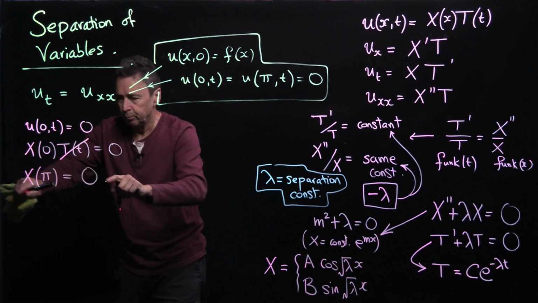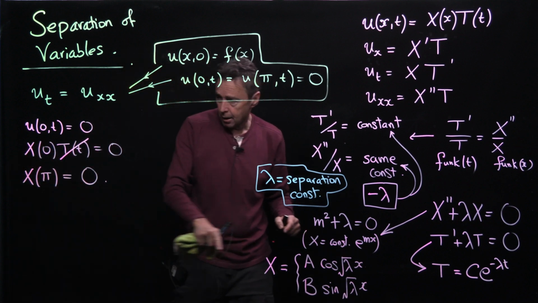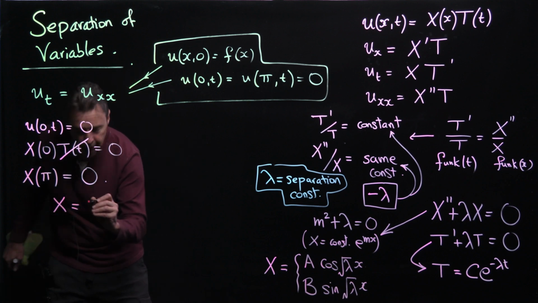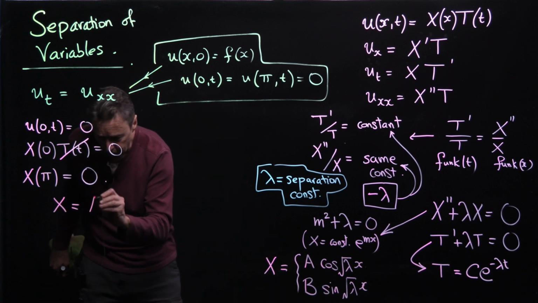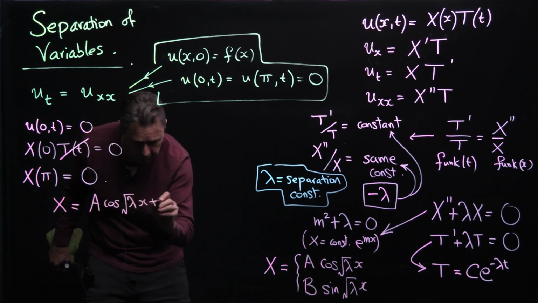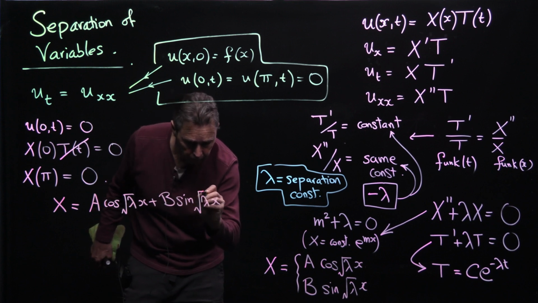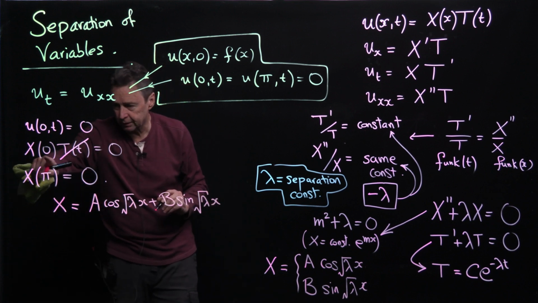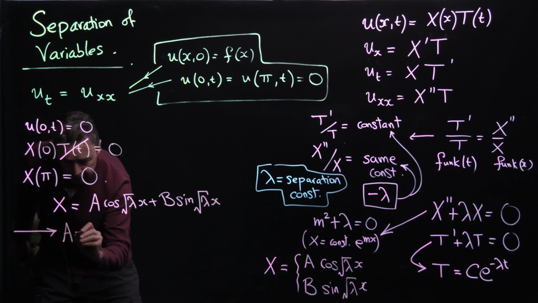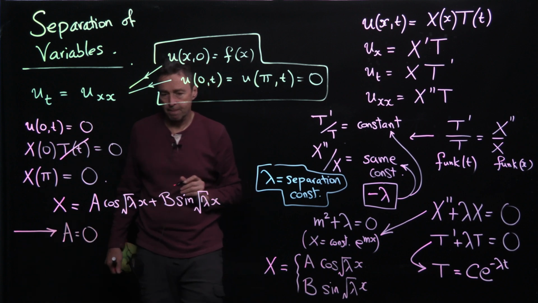Right, so those boundary conditions on U translate to boundary conditions on big X. And my solution down there, I could easily write a combo of them, so I would be tempted to write a slightly more general solution, like so. But putting 0 in here would tell me that A has to vanish. Right, sine of 0 is 0, cosine of 0 is 1.